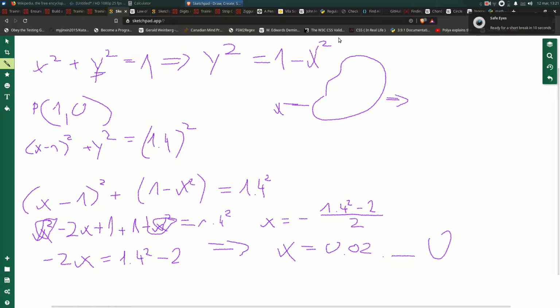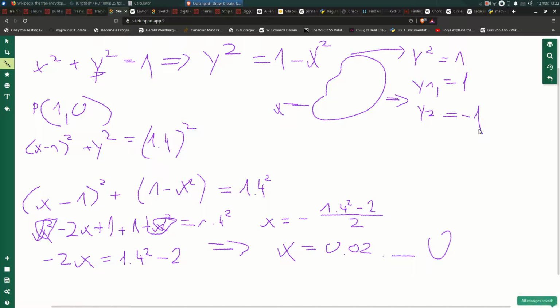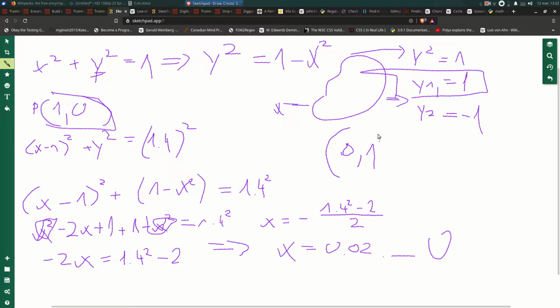So y² is 1, so y can be 1 or minus 1. And now we choose, because this was in the second quadrant, we choose the biggest y, so our point is 0, 1 now.